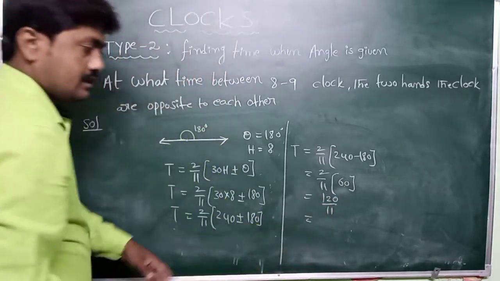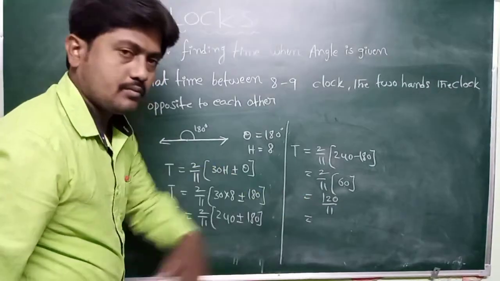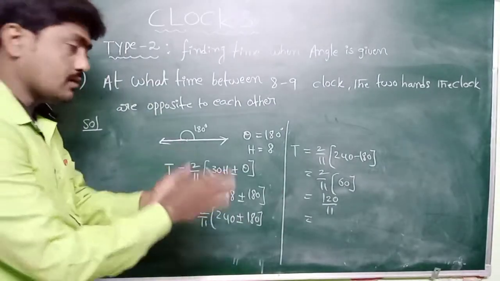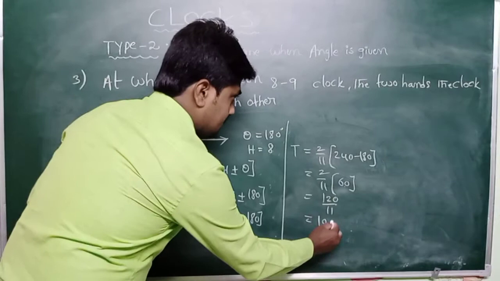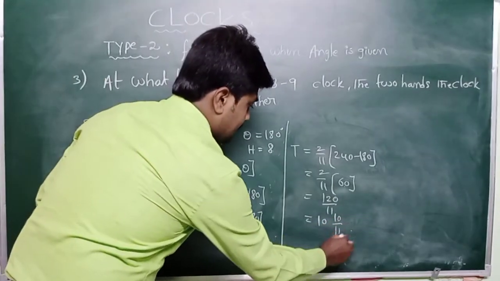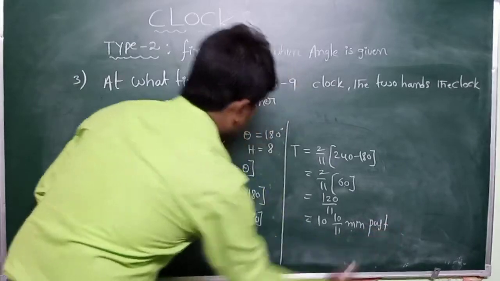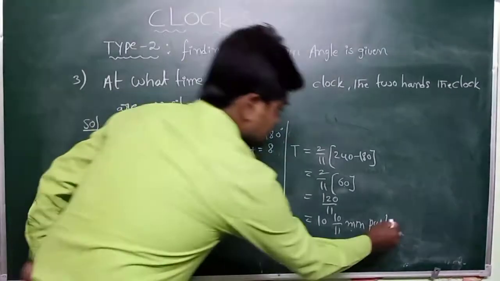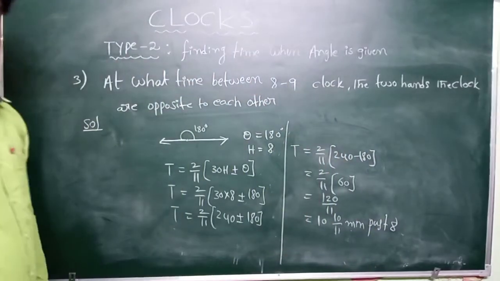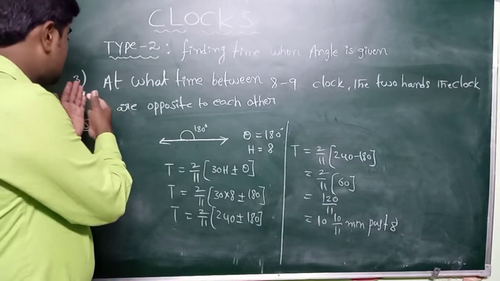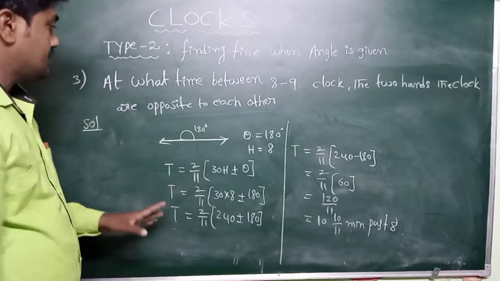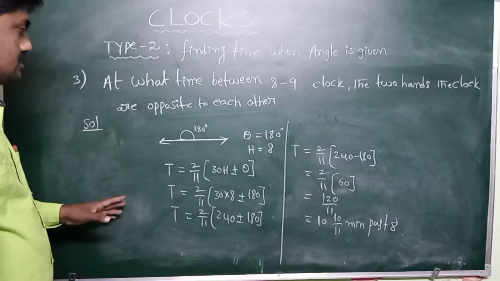This is an improper fraction, converted to a mixed fraction: 10 10 by 11 minutes past 8 hours. These two models are also very important. Okay students, practice.